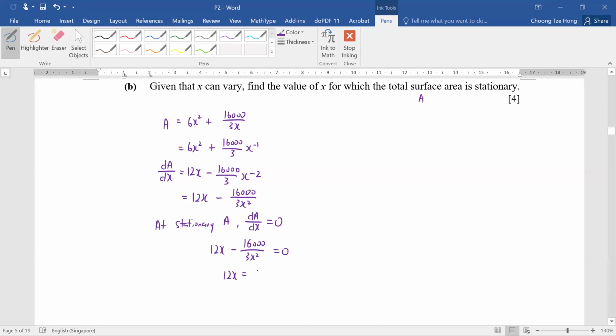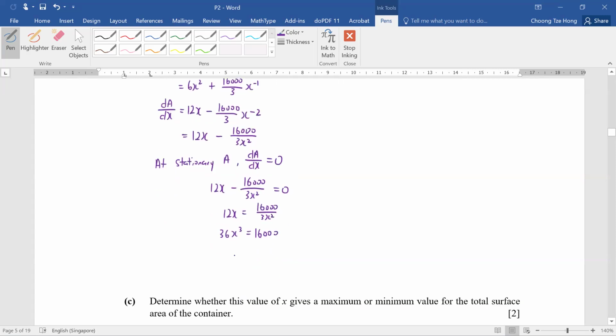So 12x equals 16,000 over 3x squared. We just cross multiply, multiplying both sides by 3x squared, so you will get 36x cubed equals 16,000. Then we're going to divide by 36 and we're almost done.